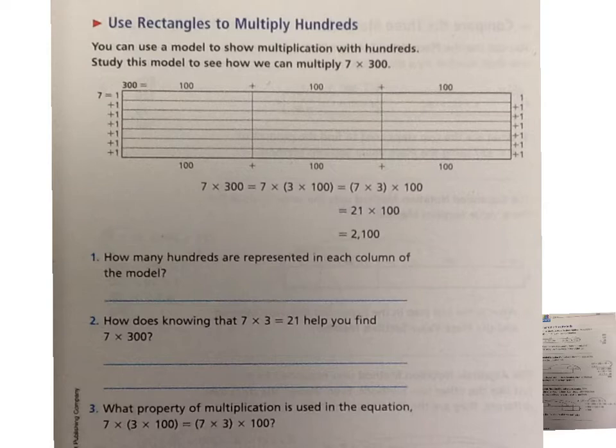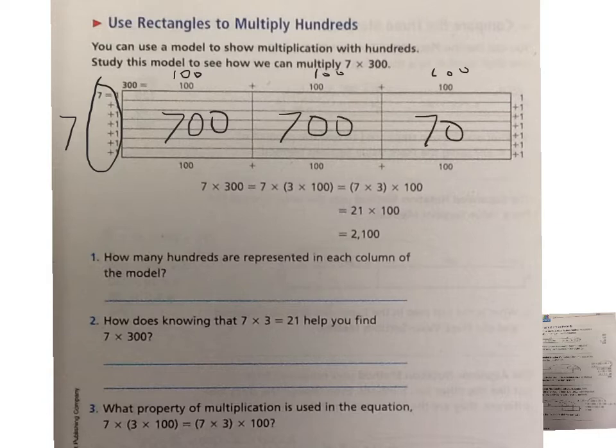Hopefully you can look at this and say, okay, here's my 7 on the side, and here's my 300 up top by doing 100 plus 100 plus 100. That equals 300. Then you know in each of these groups you have 7 times 100, 7 times 100, and 7 times 100. That'll give you 3 groups.